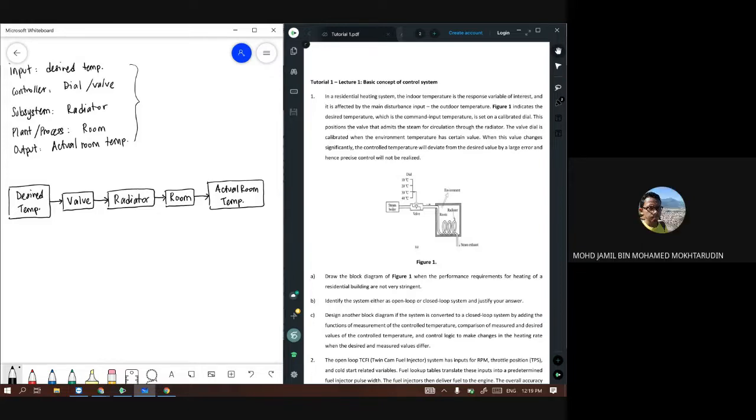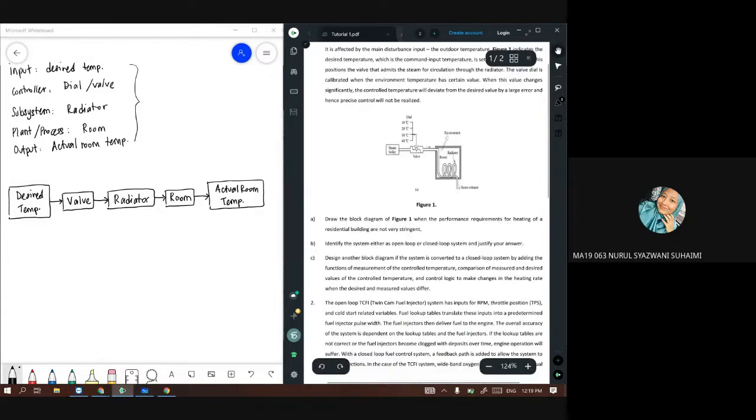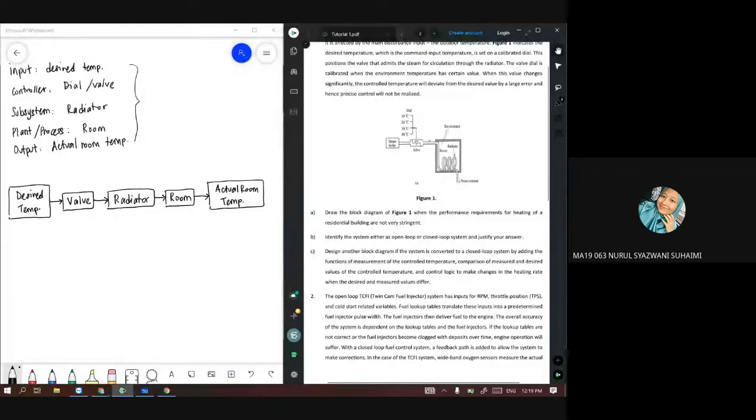Sir, for example, if we put desired temperature in front, then the valve, then we put the steam boiler, then the valve. Can we do that? Okay, I think it should be fine. Well, basically it should be everything that is listed here, which is the elements of the control system.